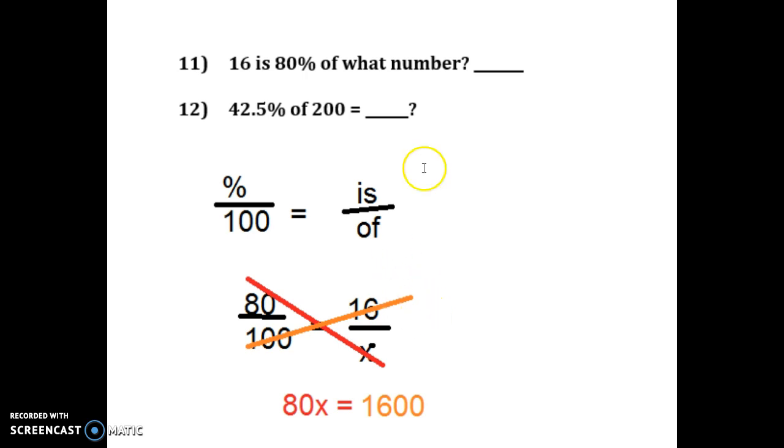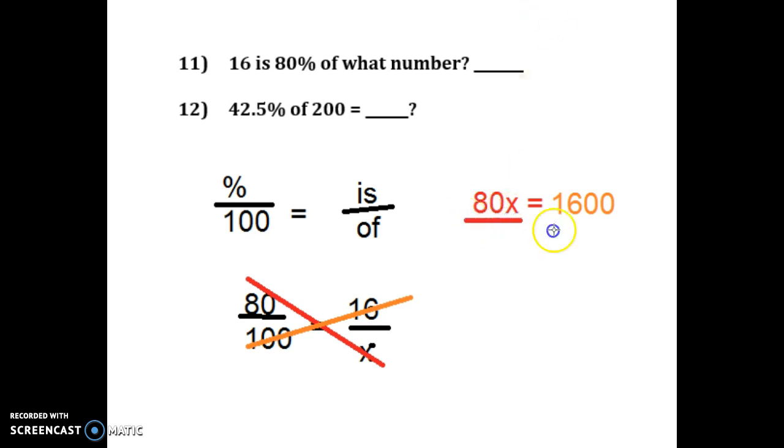All right. And the whole point of this is to get x by itself. That's kind of how algebra works. We want to get rid of the x. So what we got to do is divide by a number that's going to get rid of x. And that number is always going to be the number that's next to x, which, lucky for us, is just 80, right?